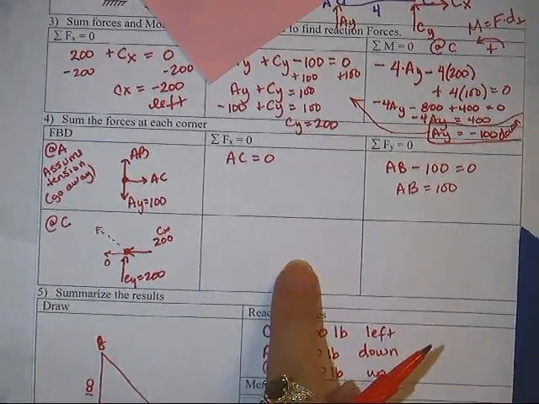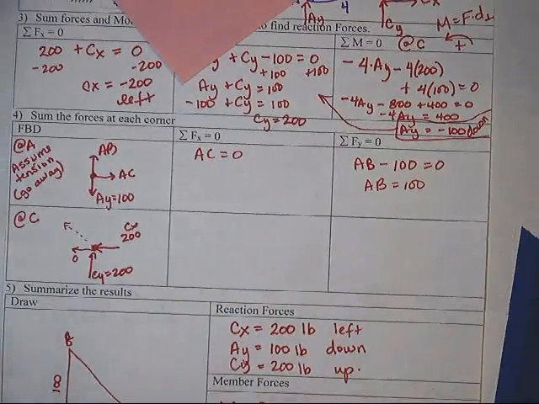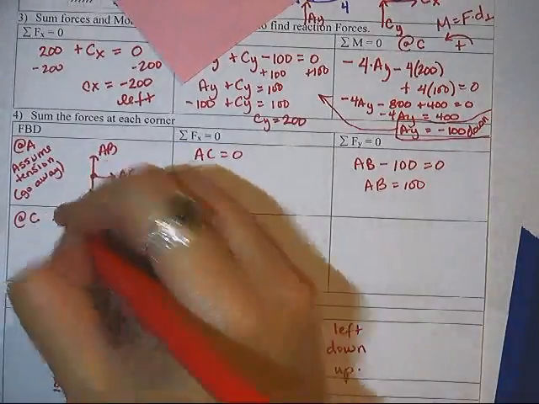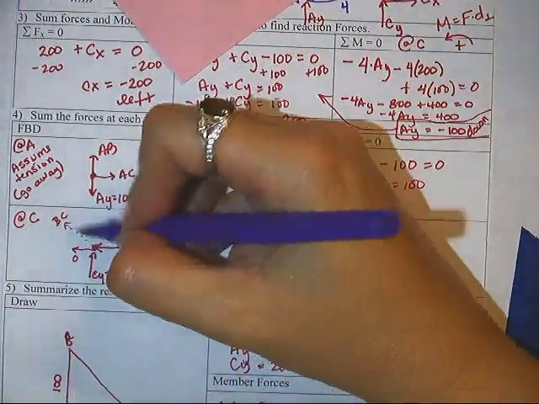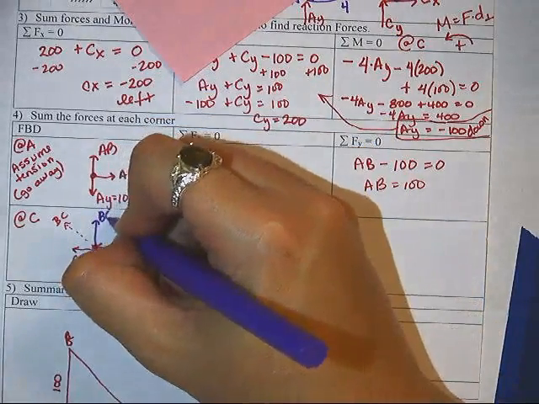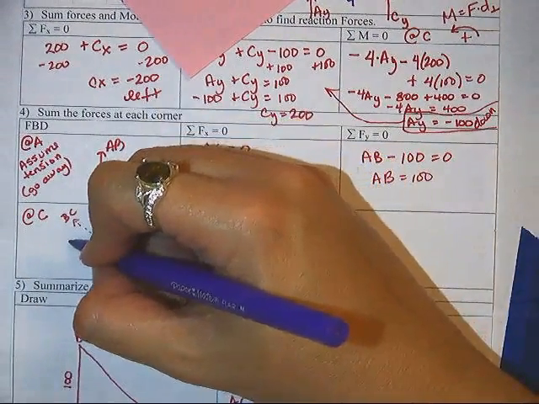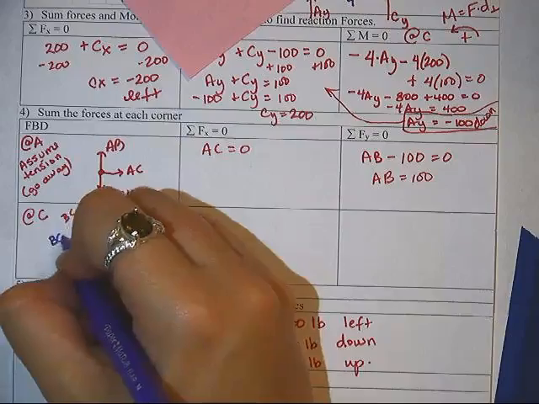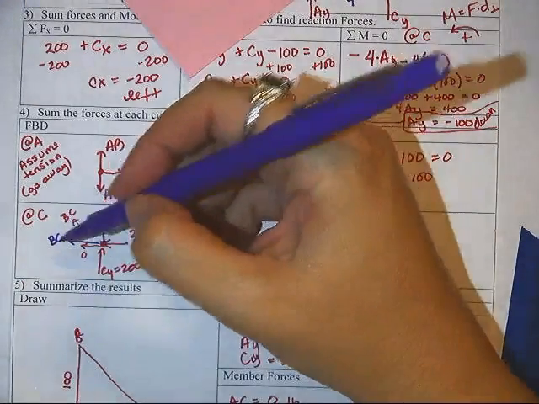Because can I do sum of forces in the X and Y with something going crazy at an angle? I can't. So I need to break this one into the part that's going up, we'll call that BCY, and the part that's going to the side, we'll call that BCX. So I'm breaking this one into its two components.